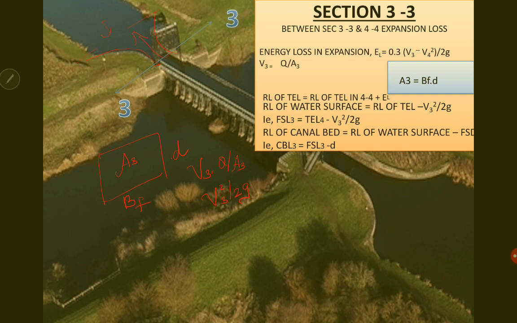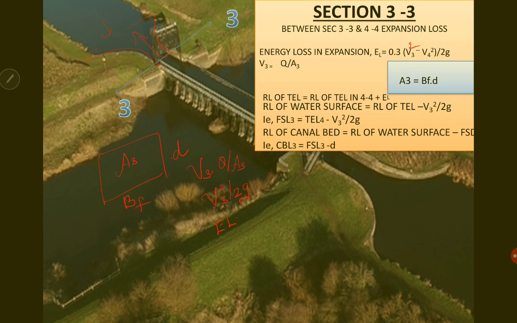Expansion loss is given by 0.3 times V3 square minus V4 square by 2G, right? So first step is to find the expansion loss. Okay, so find the expansion loss also.